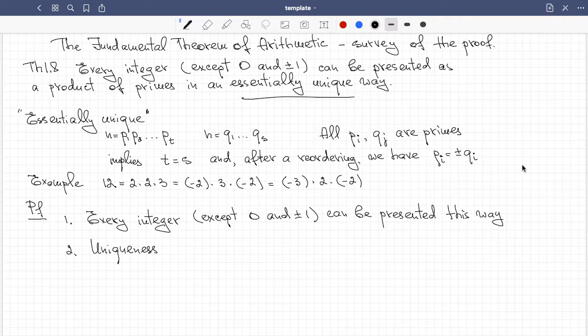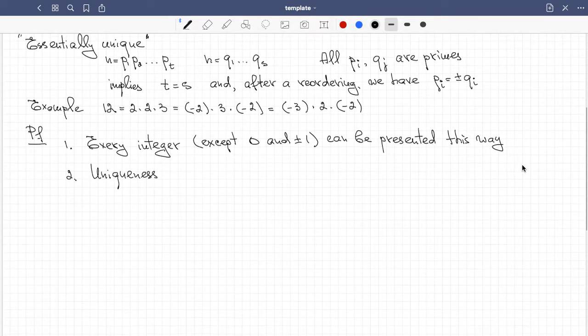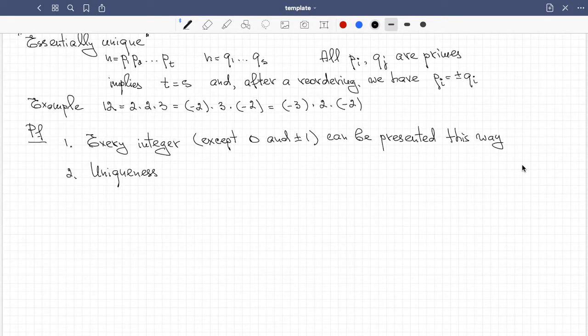The first part of the proof is, in a sense, simpler. So first, our ability to present every integer as a product of primes follows from the well-ordering principle.